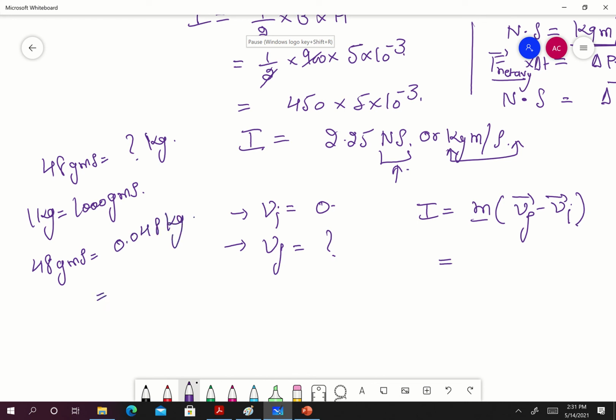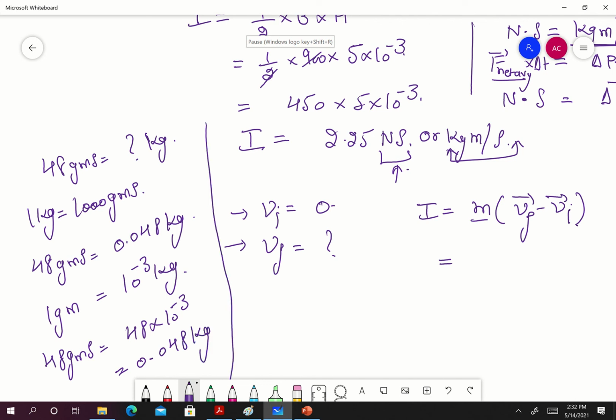We can also write 1 gram is equal to 10 to the negative 3 kgs, and I can write 48 grams equal to 48 times 10 to the negative 3, or 0.048 kgs. Whatever you like, you can convert it by that method. In the end it will come out to be this value.